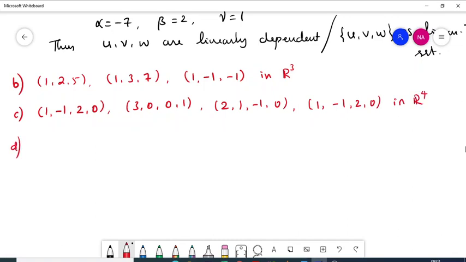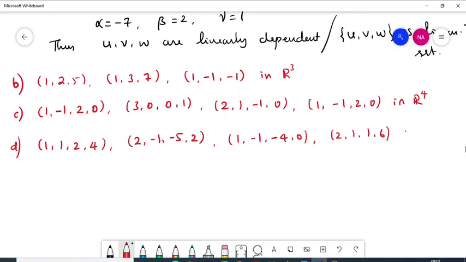D: 1 1 2 4, 2 minus 1 minus 5 2, 1 minus 1 minus 4 0, 2 1 1 6, again in R power 4.